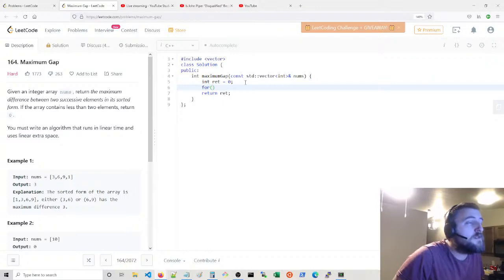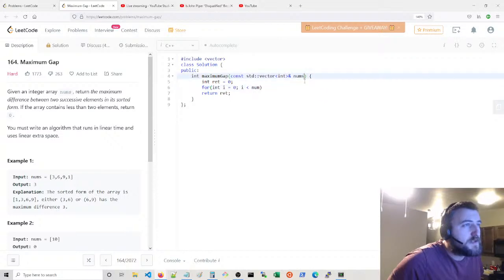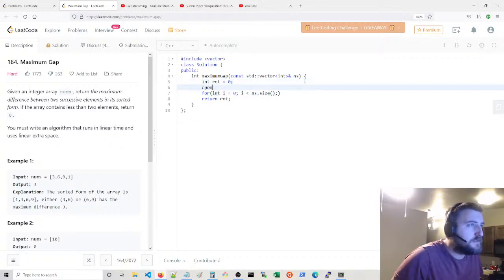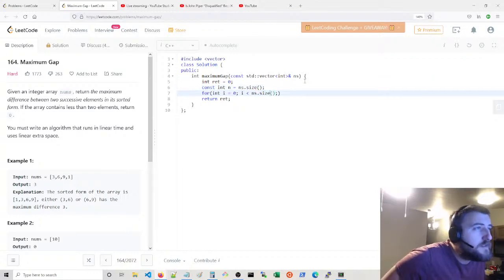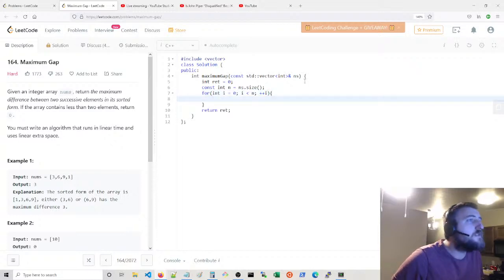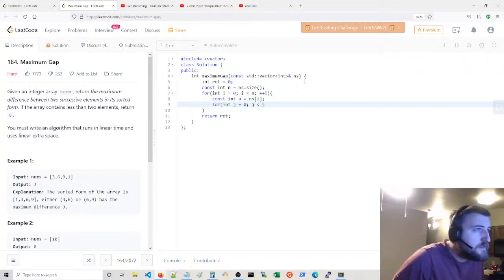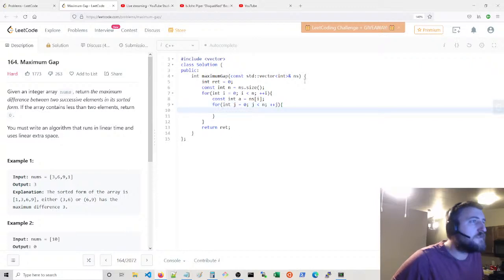So for, well, we could do int i equals 0, i less than nums.size.